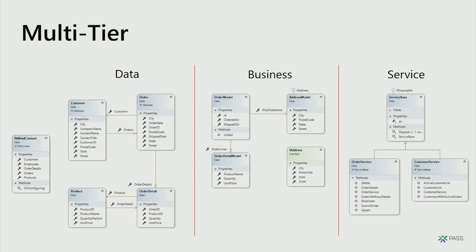Now, you can have those as physically different libraries, or you could have them all in the same library and just have a delineation inside of namespaces or those kinds of things. It depends on how observant your developers are on exactly how you want to separate these things out. Okay.